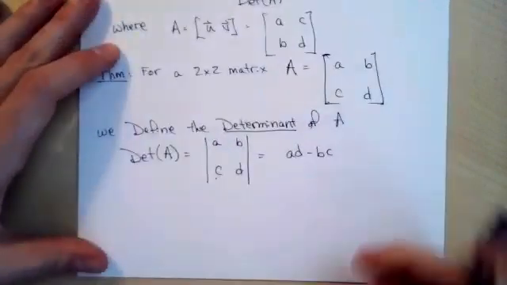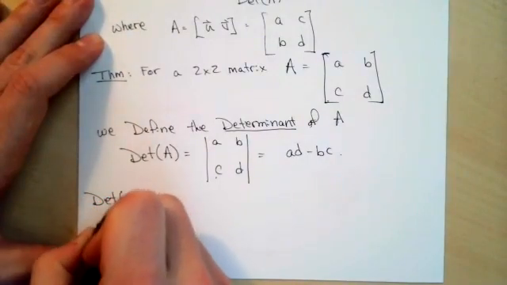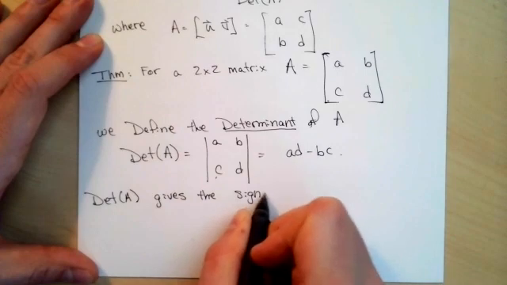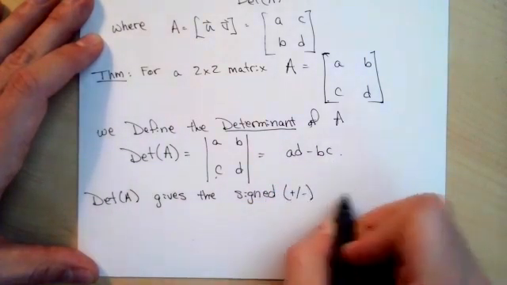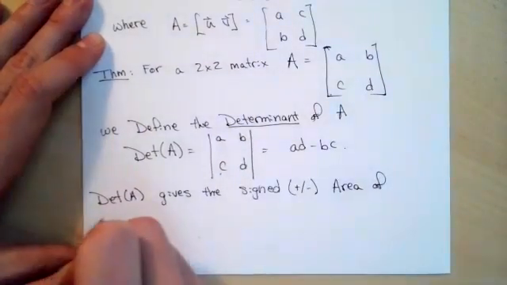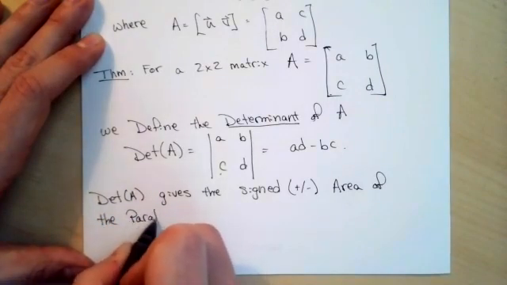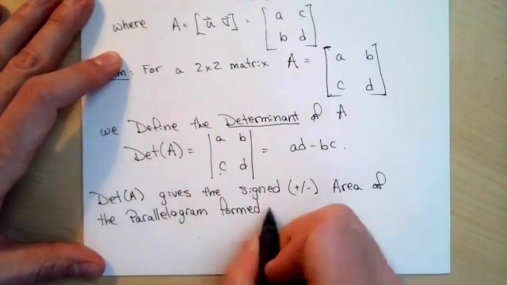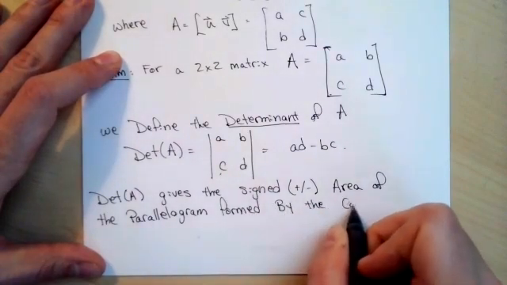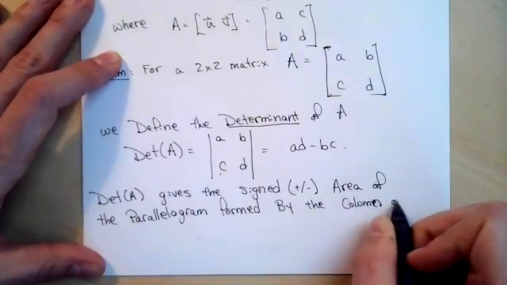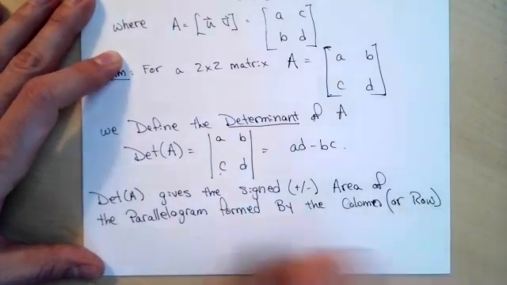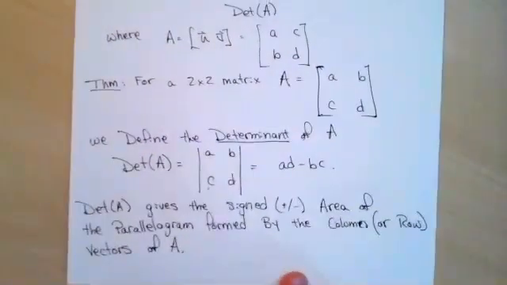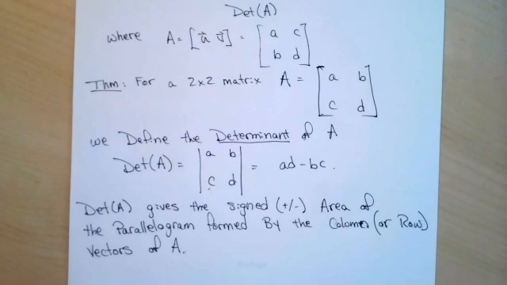The actual theorem is that the determinant of A gives the signed area, so that's just going to be a plus or minus area, of the parallelogram formed by the column or row vectors of A. And that's essentially what we just deduced with our picture and our geometric work.